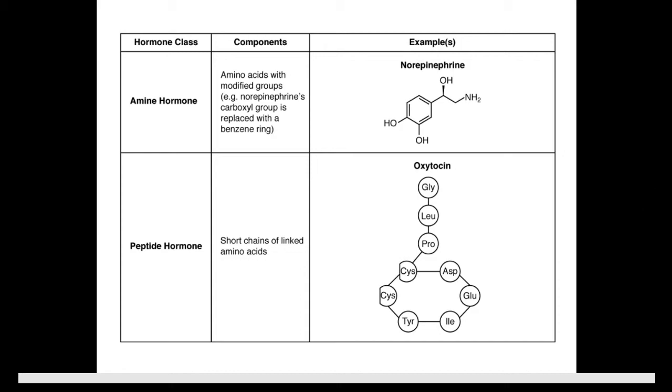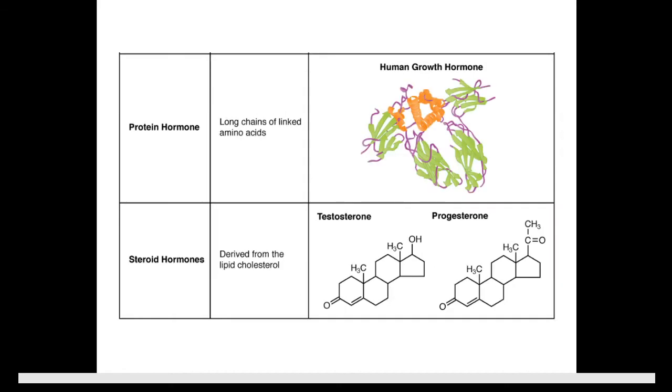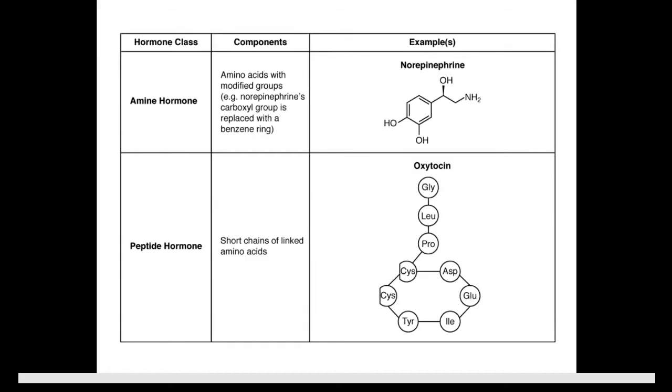The hormone classes are amine hormone, peptide hormone, protein hormone, and steroid hormone. These are the 4 different types. Within these 4 types there are different sections, but these are all the major hormones.